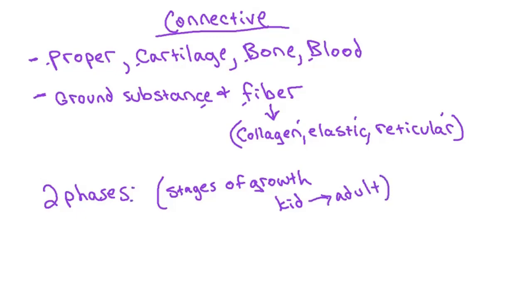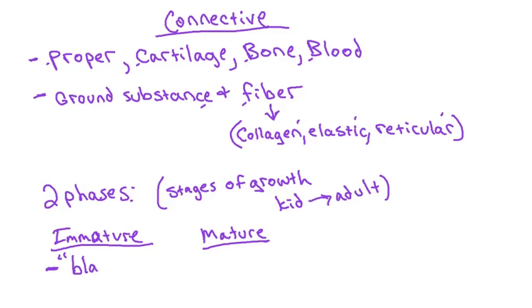So the two phases are the immature phase, and then there's the mature phase. The immature phase, when you're referring to the connective tissue cells, is going to have the word blast at the end of it, like an osteoblast, which is an immature bone cell. So a blast will be at the end of an immature cell of connective tissue.